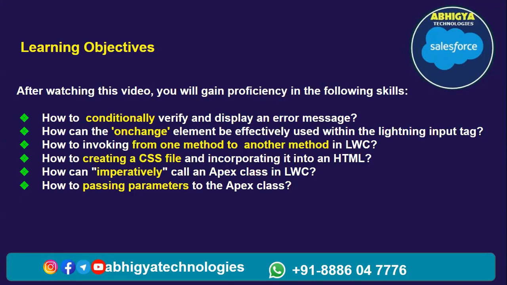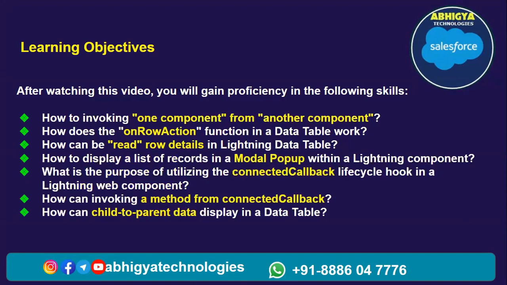How we invoke one JavaScript method from another JavaScript method, how to create a CSS file and incorporate it into the HTML, and how we get the data from the database imperatively. How we pass the parameters to the Apex class, and how we invoke one component from another component.